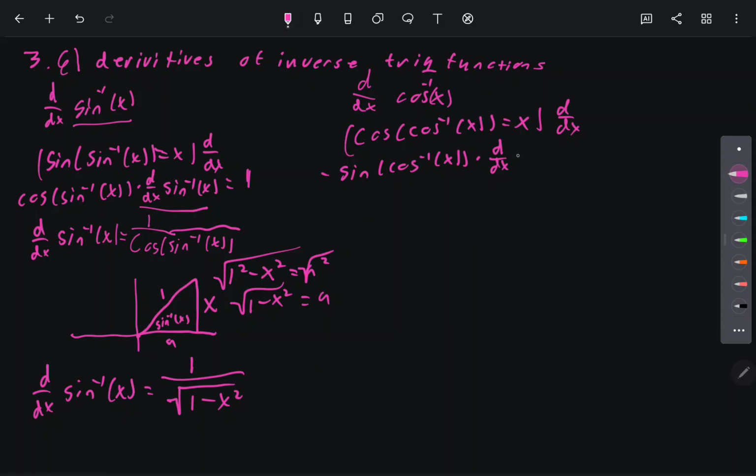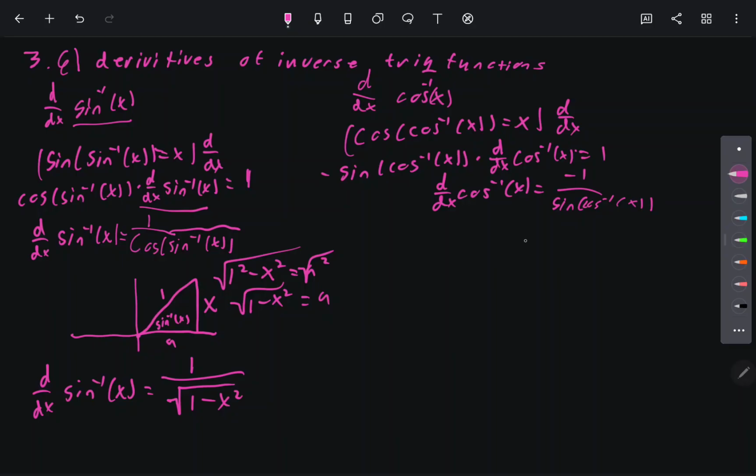So what we're left with is a function where we can solve for this derivative. So let's solve for this derivative. We get d over dx of cosine inverse of x is equal to negative 1, we're just bringing this negative 1 up top, over sine of cosine inverse of x, or arc cosine, if you remember that notation.